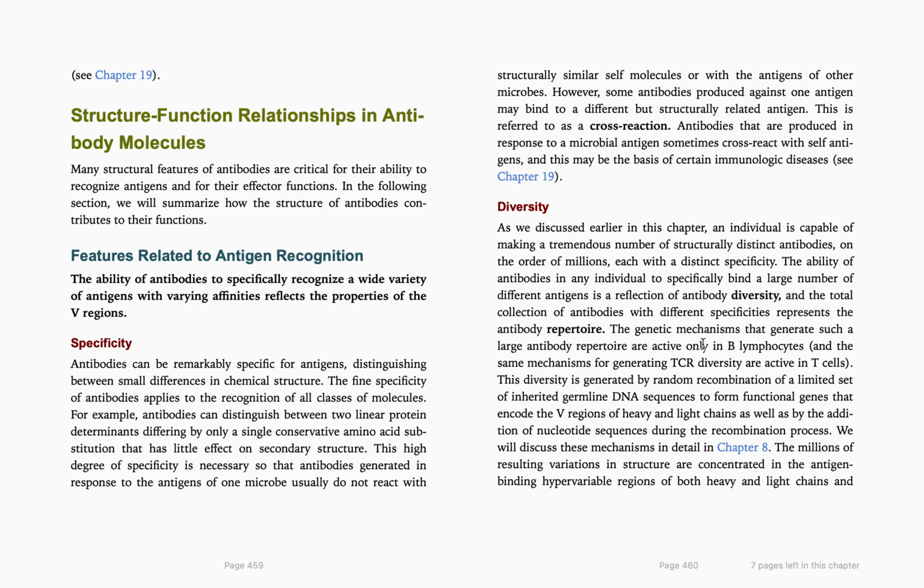The genetic mechanisms that generate such a large antibody repertoire are active only in B lymphocytes, and the same mechanisms for generating T cell receptor diversity are active in T cells.